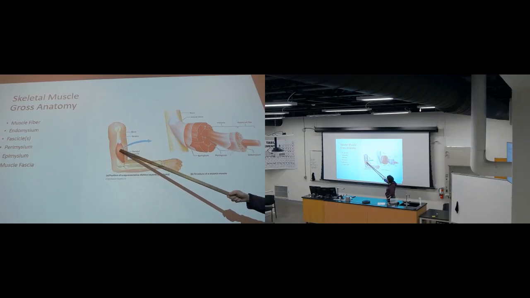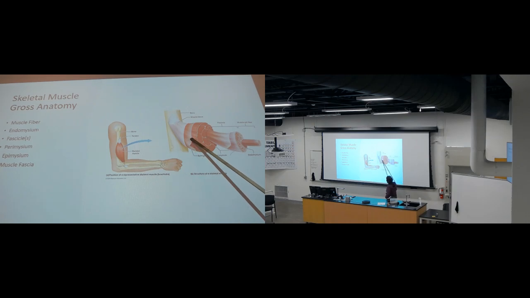And now, if you magnify this muscle and you see its attachment to this bone, and then you telescope out part of this muscle, you can see the components. So here we have the tendon.